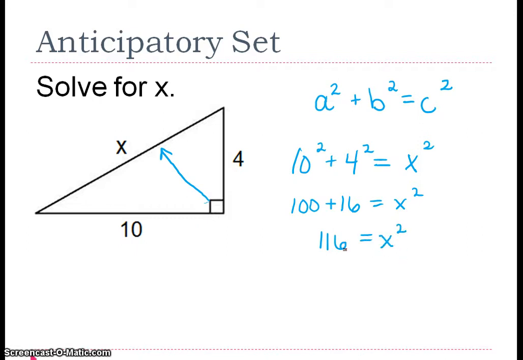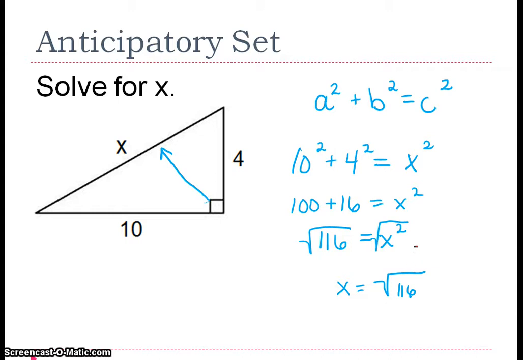And that's great that now we know what x squared is, but we don't want to know what x squared is. We want to know what just plain old x is. So what is the opposite of squaring something? Well, the opposite of squaring something is square rooting it. So we would take the square root of both sides. So we would get that x is equal to the square root of 116, or you could simplify that.